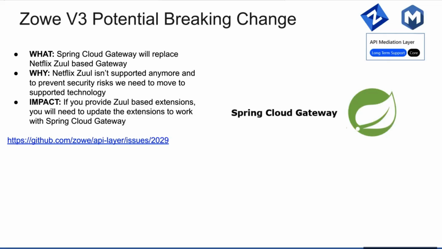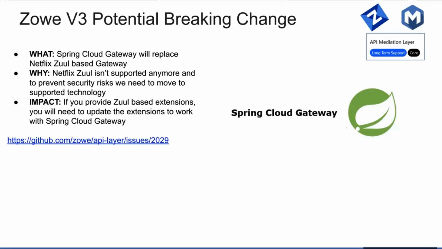The main reason for this is that the Netflix Zuul is not supported anymore, and as such, we want to limit risk coming from any potential vulnerabilities in the dependencies or in the code itself with well-supported and developed technology, which, given the fact that we are using Java for this area, Spring Cloud Gateway was the best choice. It's already part of version 2 and it will be there, but it's not going to be enabled by default. By default, it will be enabled in version 3 where the Netflix Zuul won't be available anymore.